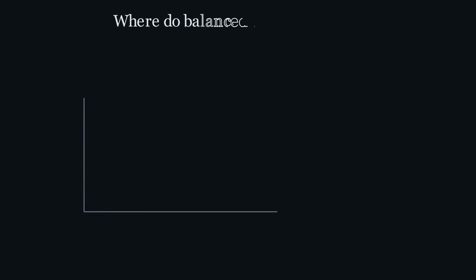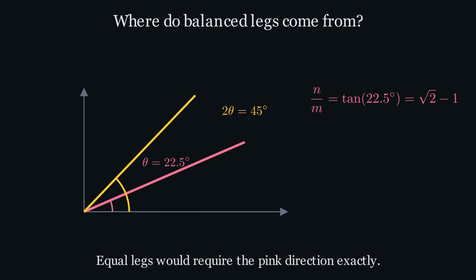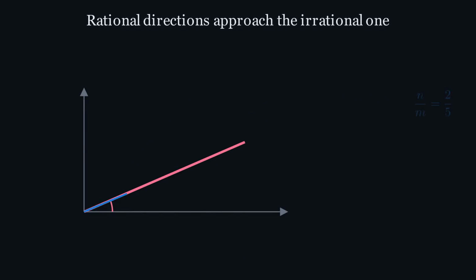After we choose an orientation, the balanced right triangles happen in between, when the doubled angle approaches 45 degrees. That means the input slope n over m should approach tangent of 22.5 degrees, which is square root of 2 minus 1. There's our first irrational number sneaking into a story about integers.